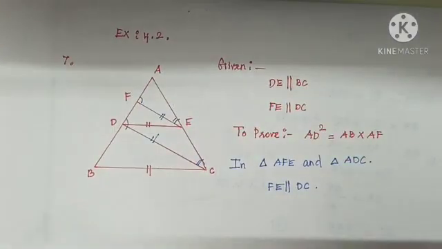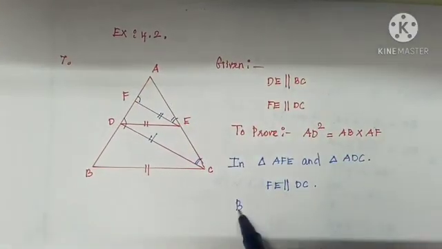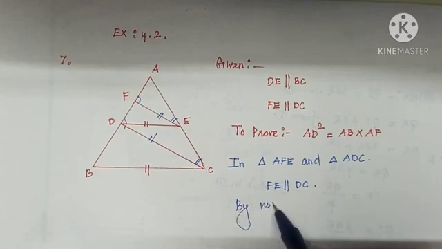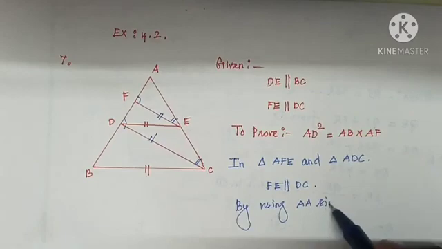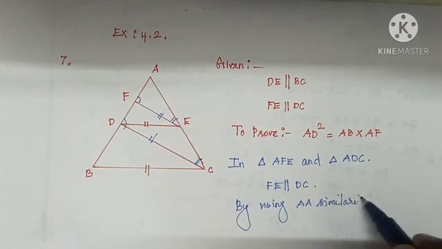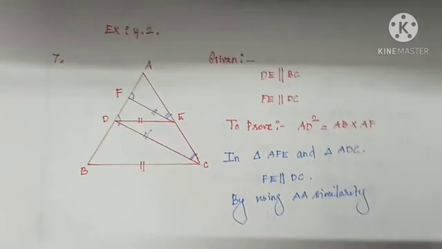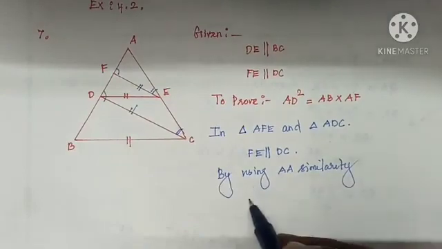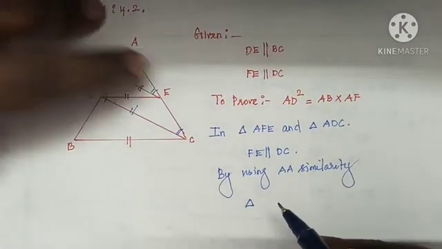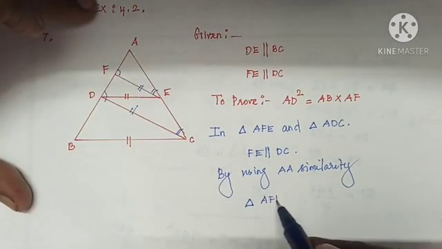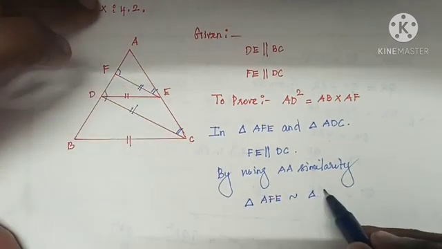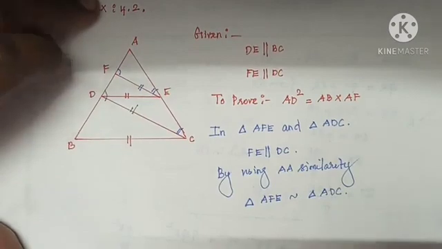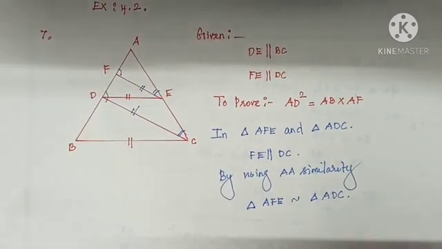Angle A is common. By using angle similarity criteria, the two triangles, namely AFE, are similar to triangle ADC. If two triangles are similar, their corresponding sides are proportional.